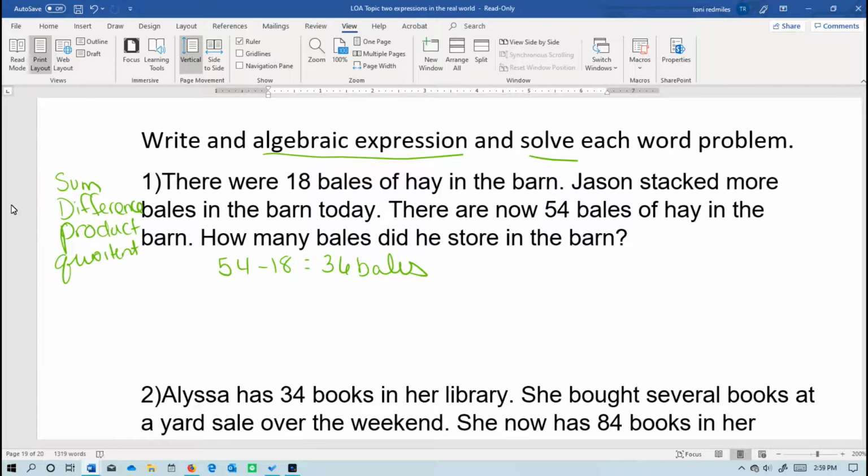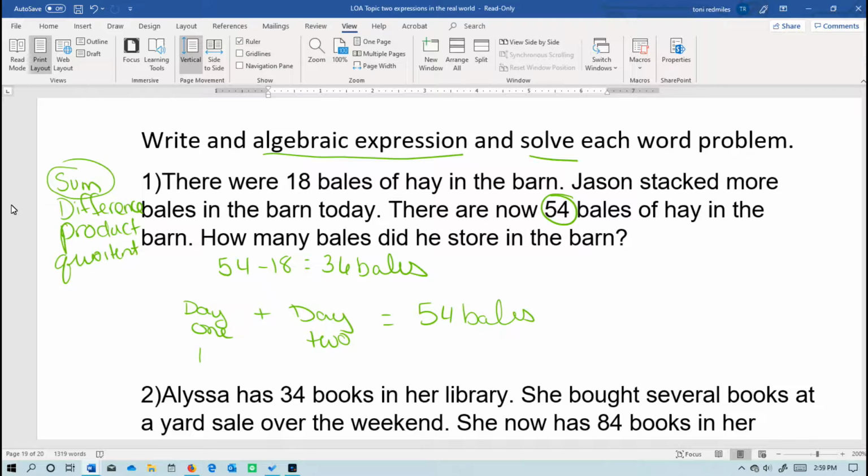But we got to start thinking algebraically. Algebraically, we have the sum here. We have the sum of 2 days' work. We have the sum of day 1, and we have the sum of day 2. Okay? So if I was going to set up an algebraic equation, I know that between day 1 and day 2, I have 54 bales.